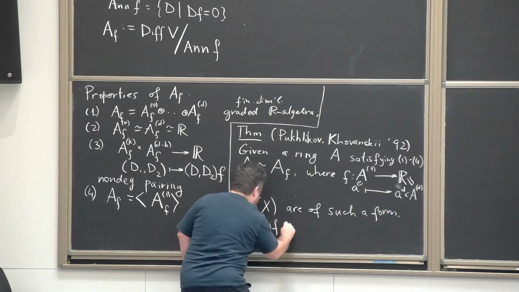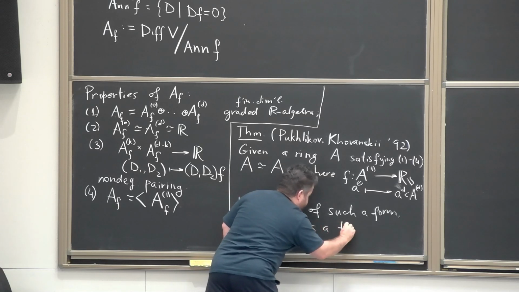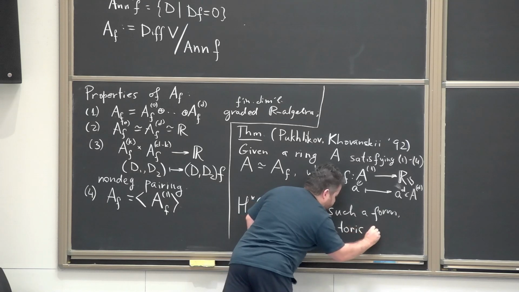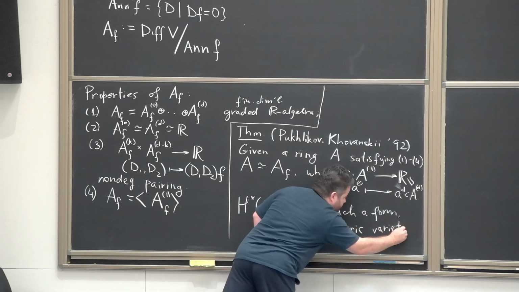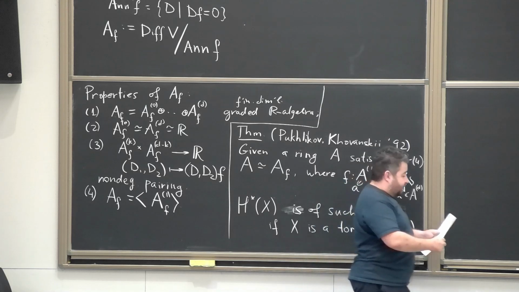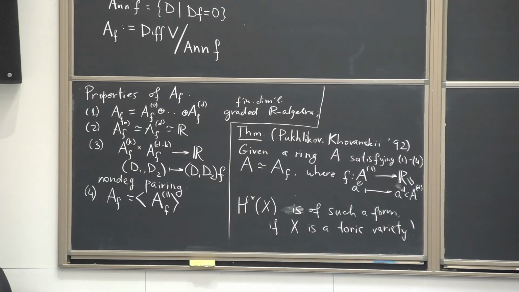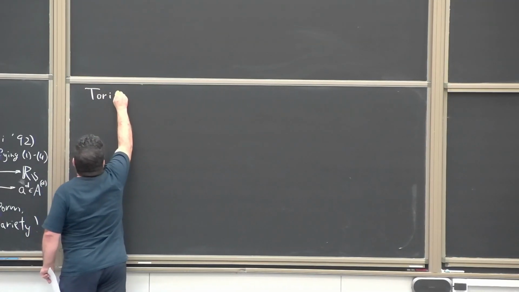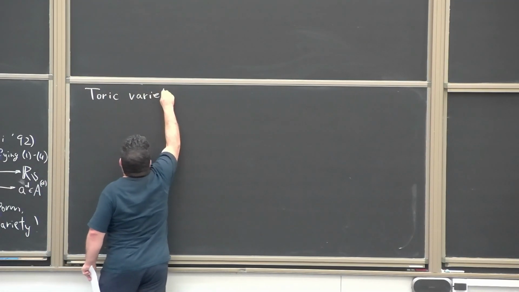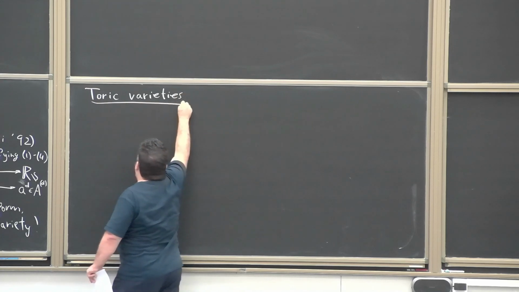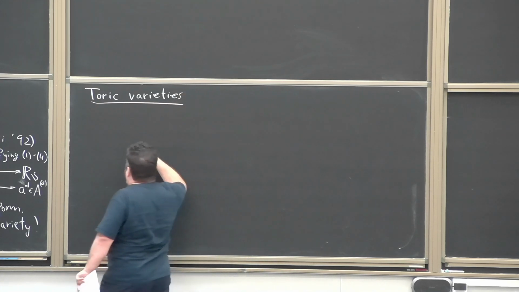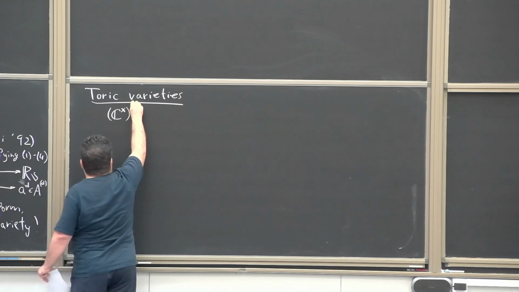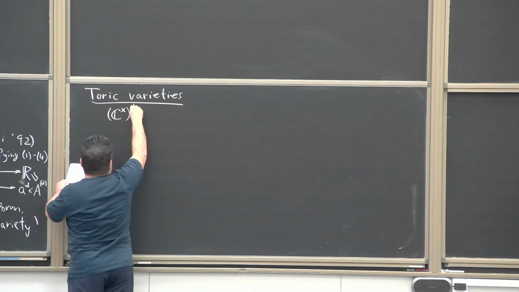If X is a toric variety. Well, I'll consider varieties over complex numbers, and what is a toric variety? Well, what is a torus, first of all? Torus for me is C star to the power d.